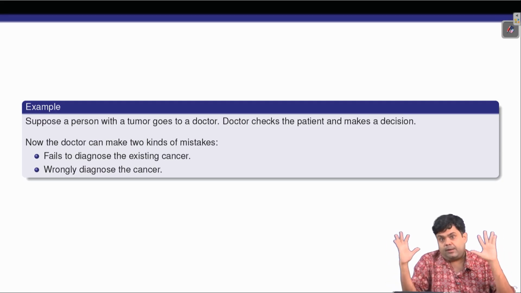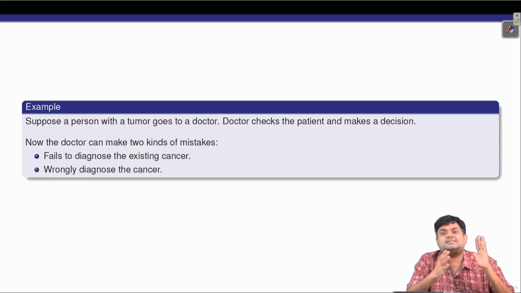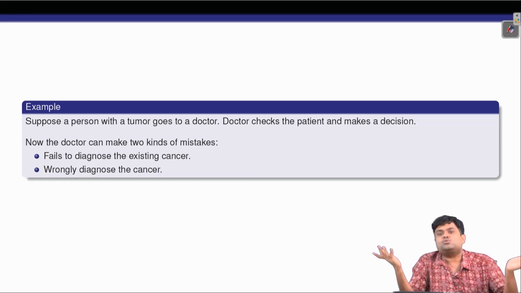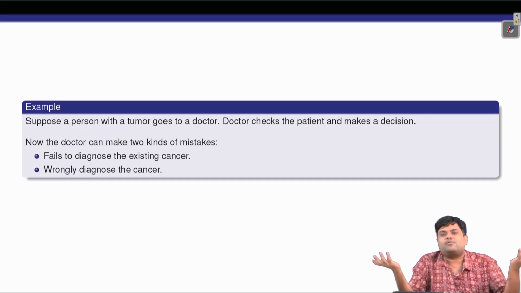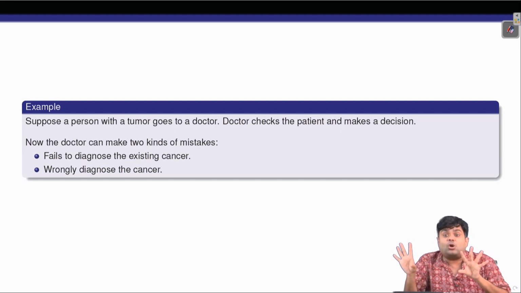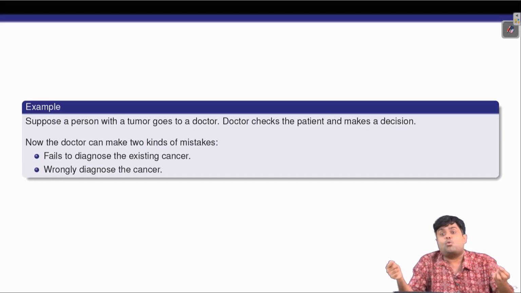So if you think of the status quo information in that height question, or let's say the starting point in that example, it was that the average height of Indians probably is not more than 7 feet. Here the starting point is that it's better for the doctor to avoid making one error over another error.